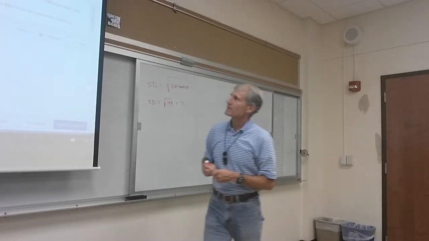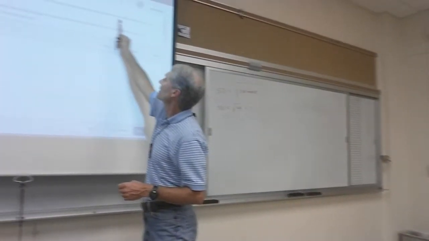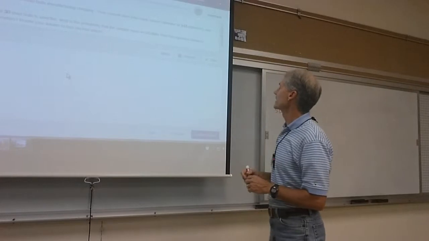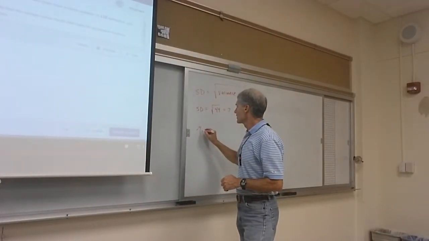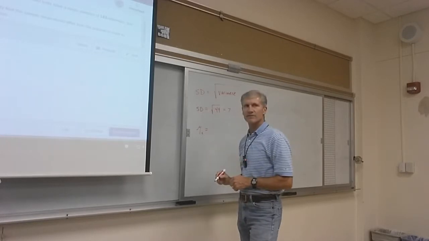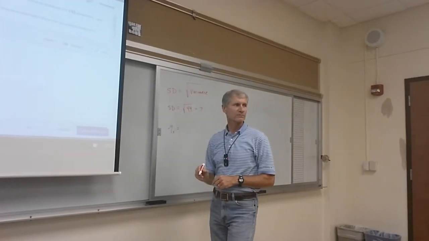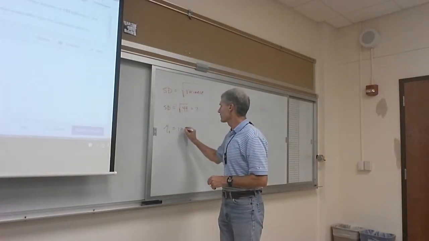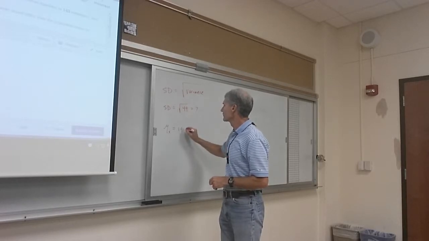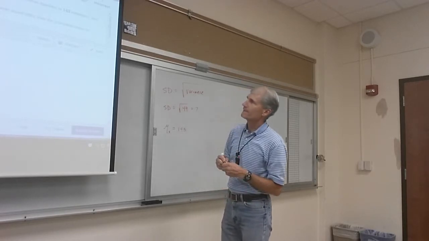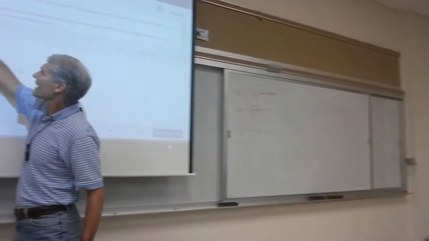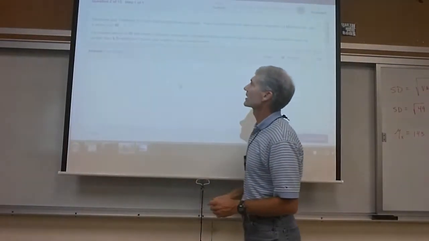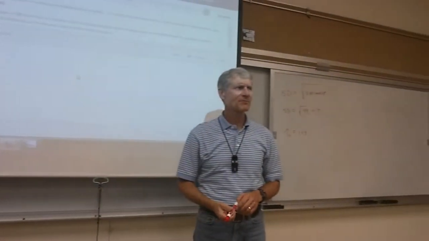Okay? Then it says the mean diameter is 143. So that's mu of x, right? The mean of individual bolts is 143. Now, it says if a random sample of 30 steel bolts is selected. Okay, random sample of 30.